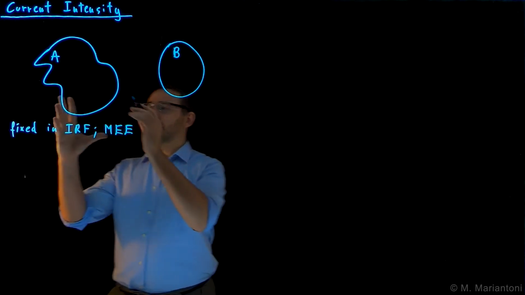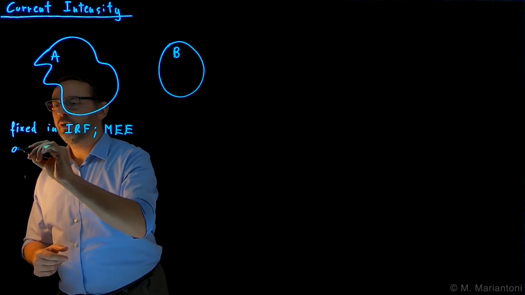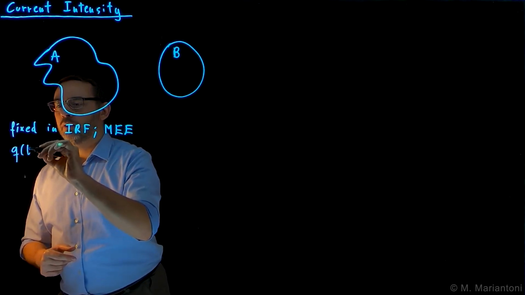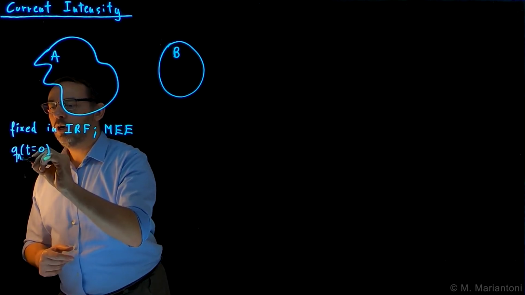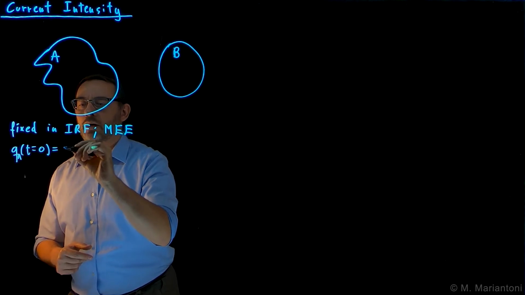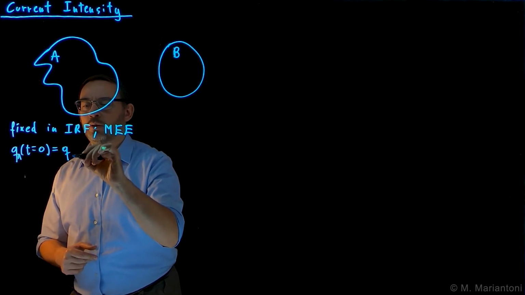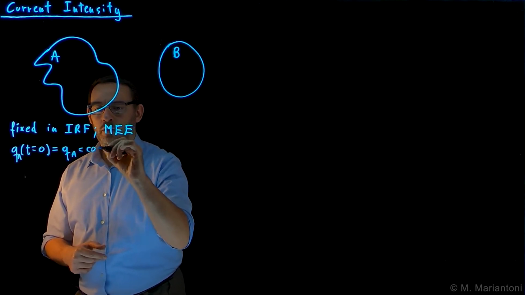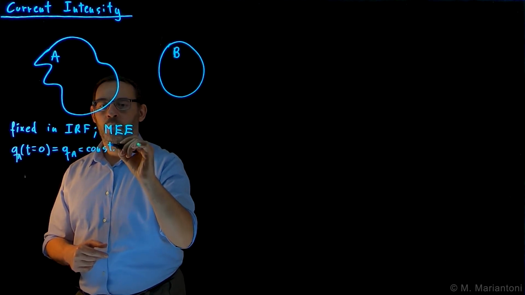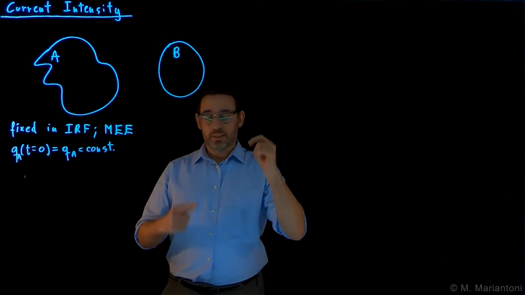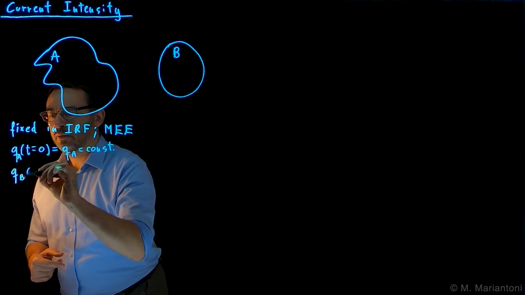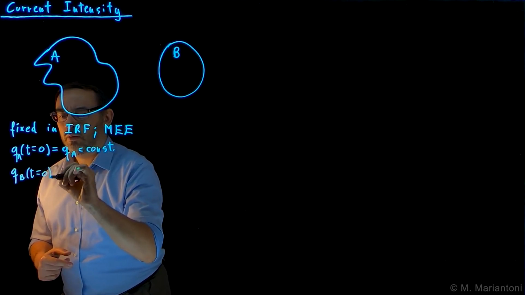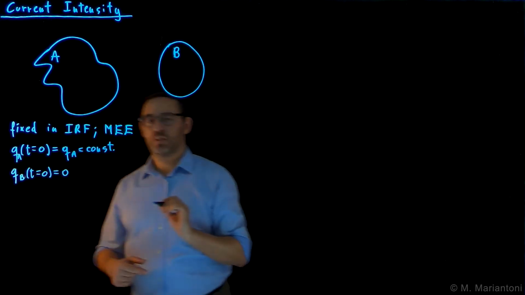Let us assume that at time t equals 0, the charge on object A is a constant, which we just call QA, whereas at the same time, the charge on object B is equal to 0.